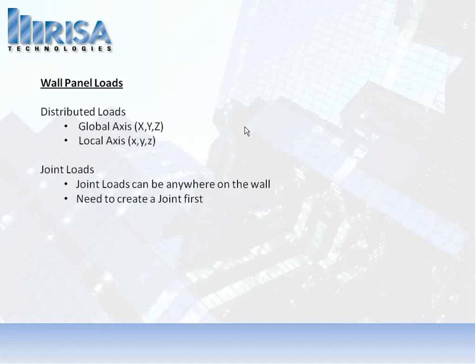Like I mentioned, you can joint load anywhere on the wall, and the mesh will fit to it. So if you put one in the middle of the wall, for example, it will actually mesh to that properly. The only issue with the joint loads is you just need to create a joint first. Okay, not too hard, either through the joint coordinates spreadsheet, or sometimes I just start a beam to create a joint there. So I've got that.